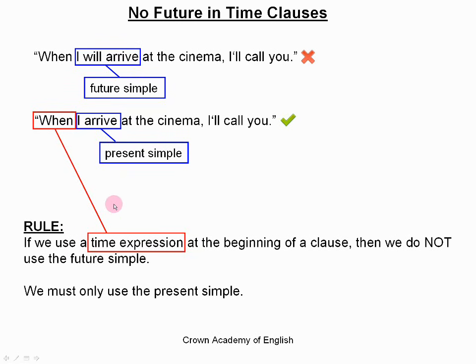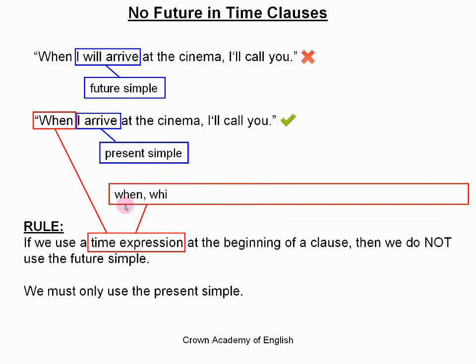So this is a time expression, and there are a few others, and here is a list of the common time expressions.